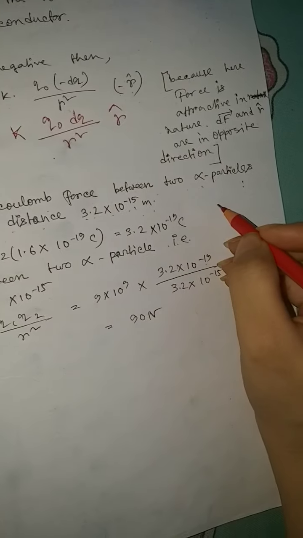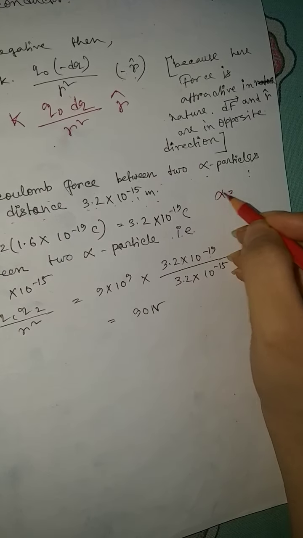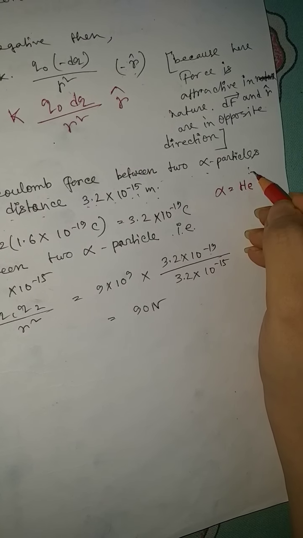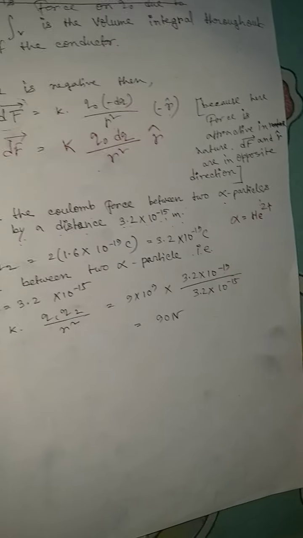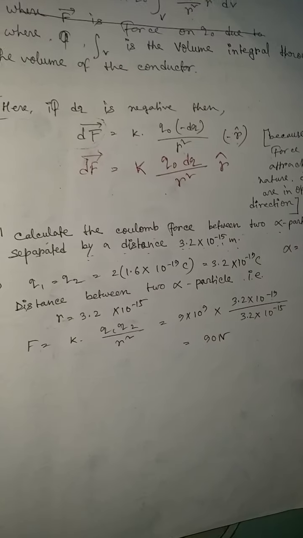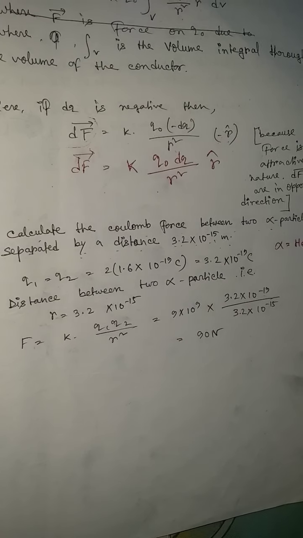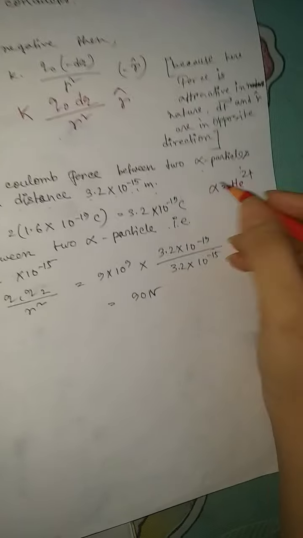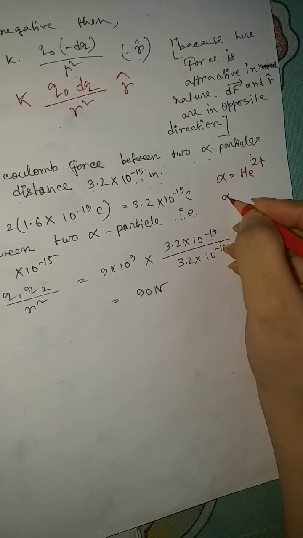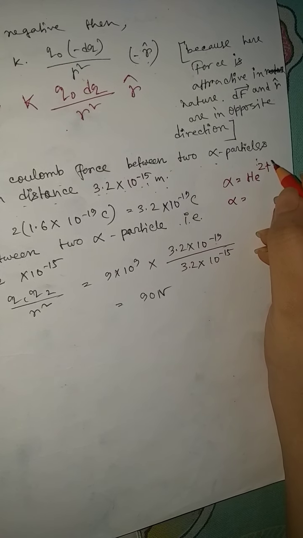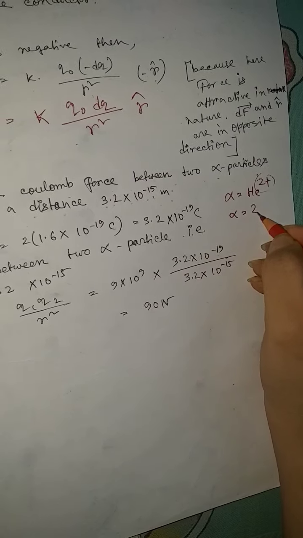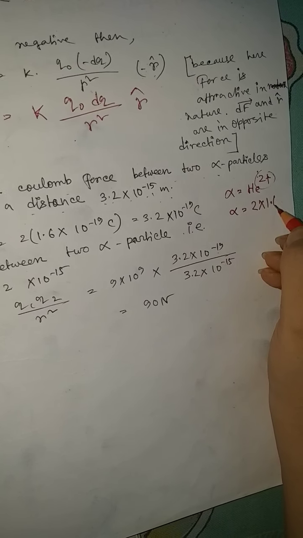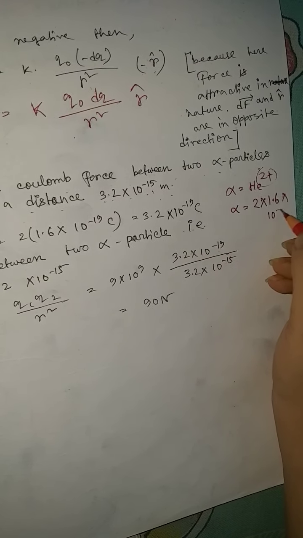So alpha particle equals helium ion, He 2 plus ion. Clear? That means the charge of one alpha particle equals 2 plus, that means 2 into 1.6 into 10 to the power minus 19 coulomb.